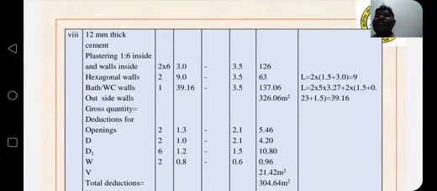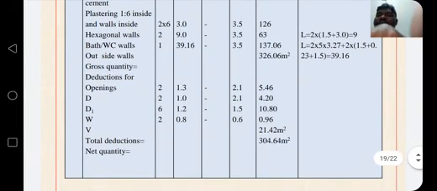12 millimeter thick cement plastering 1:6 inside and outside walls. Inside: 2 into 6, 3 numbers, 3.5 meter, 126. Hexagonal walls 2 into 9 into 3.5 meter, 63 square meter. Bath WC 1 into 39.16 into 3.5 meter.